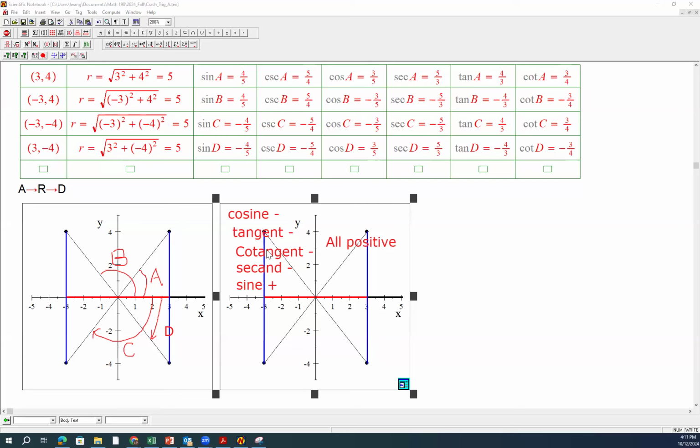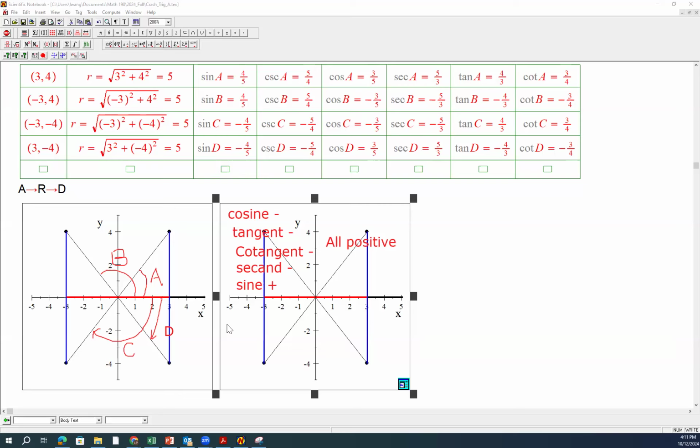From this particular example, on the terminal in the third quadrant, cosine is negative. Sine is negative, cosine is negative. Tangent is positive.